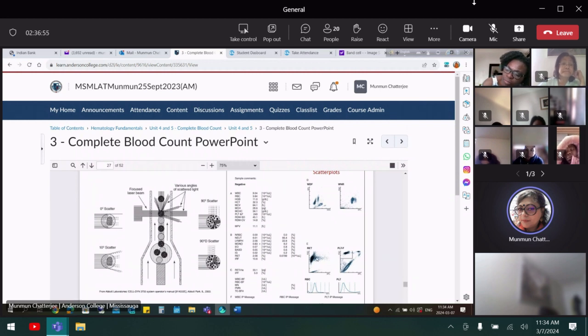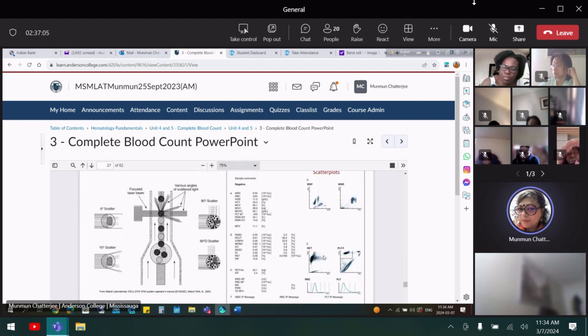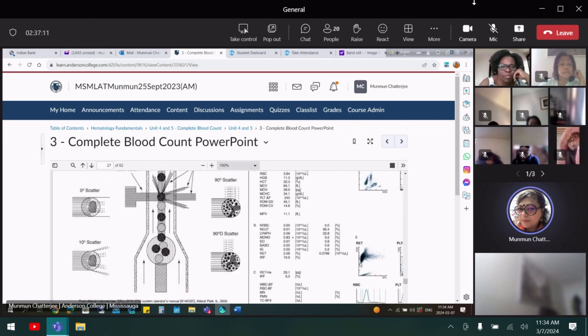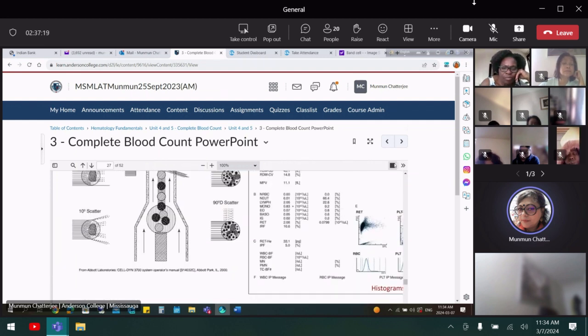This is the scattering of the light, so from there they can measure how big or small the inside cellular complexity is. So this is the histogram, and this is called the scatter plot. You can see the difference. Light is scattering, giving points showing how big or small the size is.